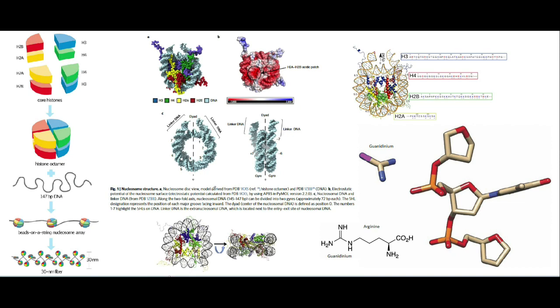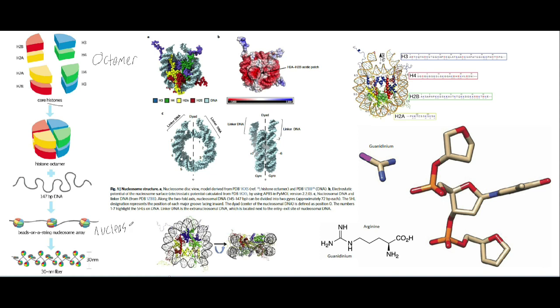All right, so DNA, once we have it in our double helical strand, then what happens is we have these 8 proteins, these octamers, which are the histones, and they create these things called nucleosomes.